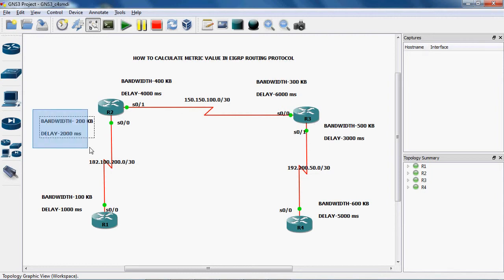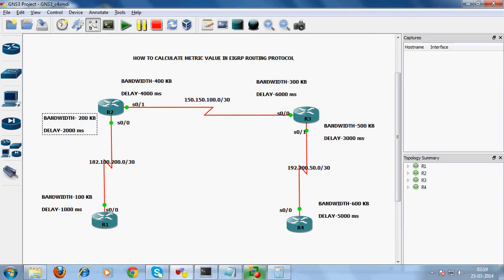So this bandwidth and delay and this bandwidth and delay to reach this network. The bandwidth here is 200 and here is 300, which one is minimum? 200. So we take this bandwidth and include all the delay values.